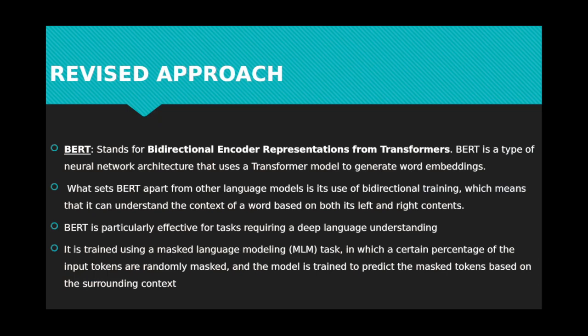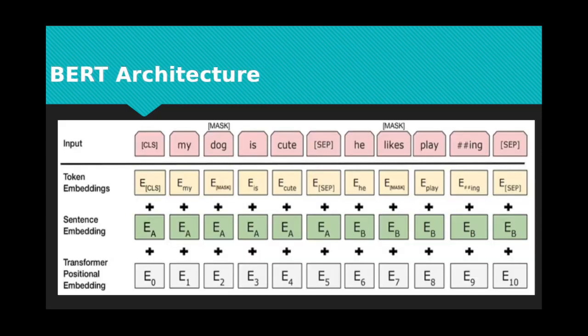It is very useful for contextual establishment. So that's what set BERT apart. This is the basic architecture of BERT. Let's say your sentence is something like, my dog is cute, he likes playing. It randomly masks some of the words, and then passes it through the embeddings.